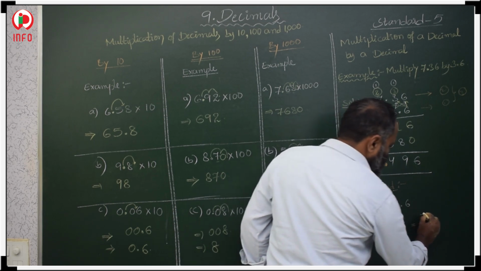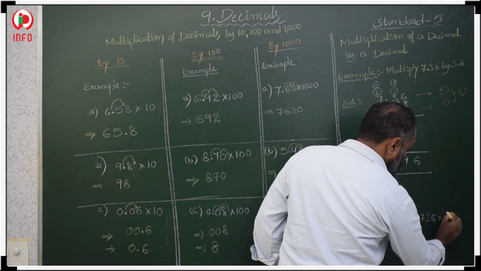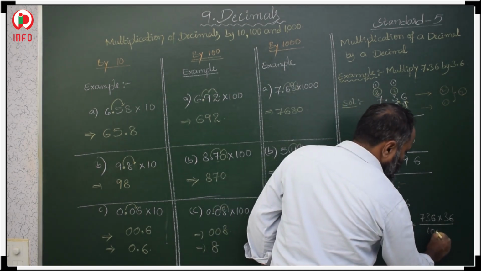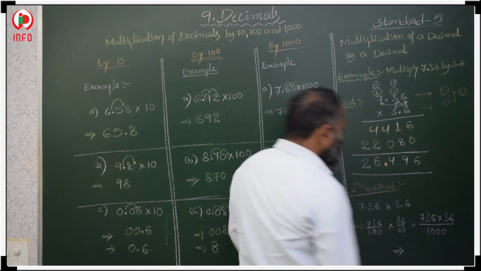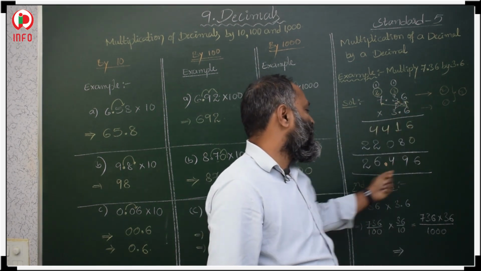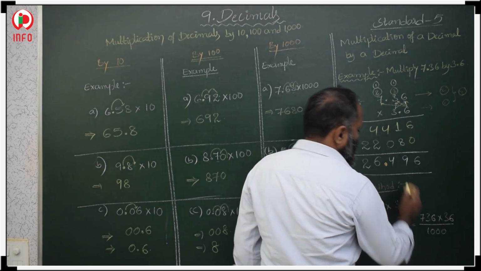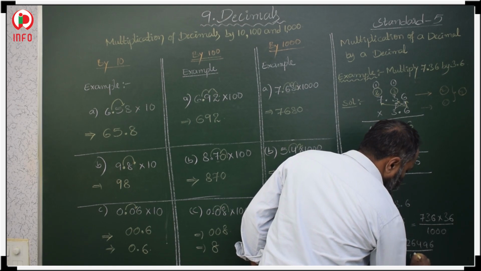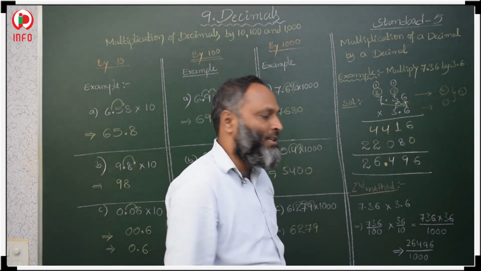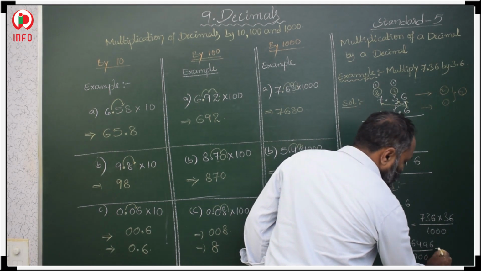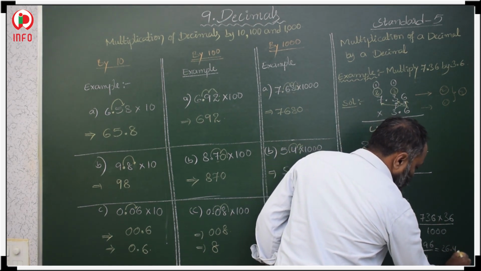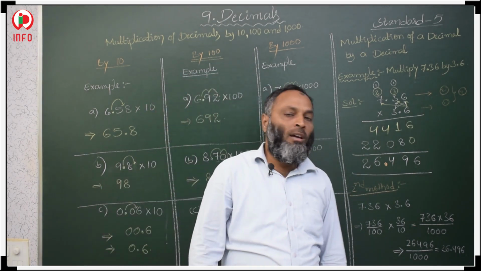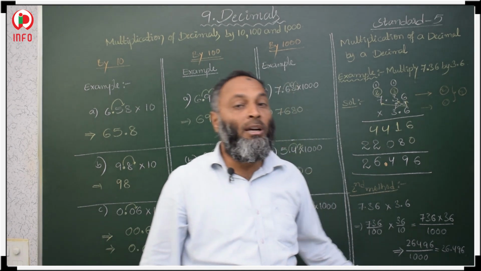Then multiply 736 with 36, divided by 100 times 10, which is 1000. The answer is 26,496 by 1000. In 1000 we have 3 digits, so after 3 digits we keep a decimal, giving 26.496. This is one more method to follow for our multiplication.